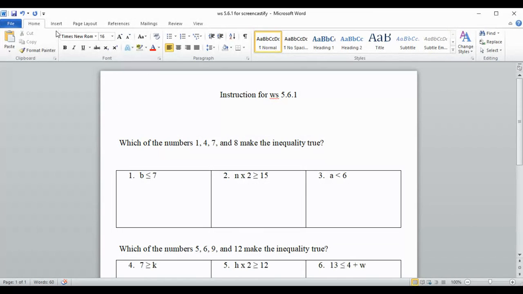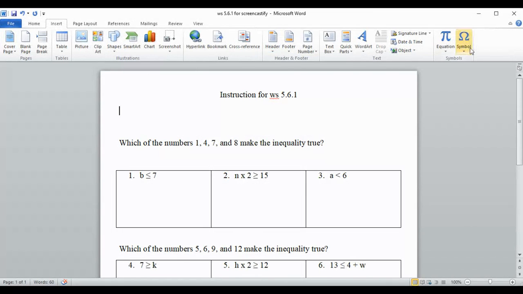Let's go over the symbols. So we have this symbol, which means less than, and we have this symbol, which means greater than, and we have this symbol, which means less than or equal to.